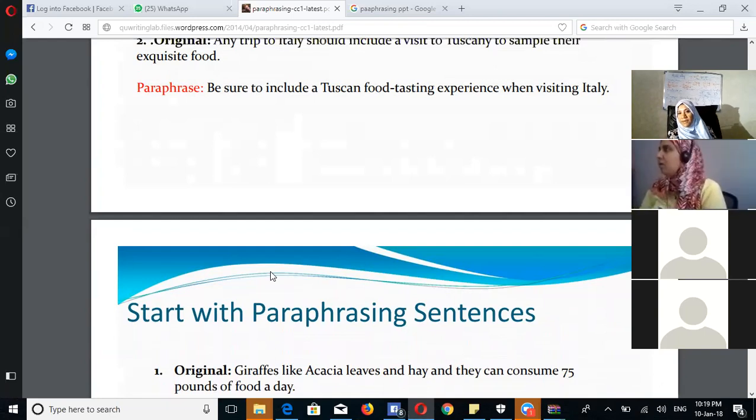Okay, Sarah? Acacia leaves and hay are the favorite food for giraffes who use 75 pounds. Wait, just a minute. Did they mention anything about their favorite food? When you like strawberry, does it mean that it's your favorite food?